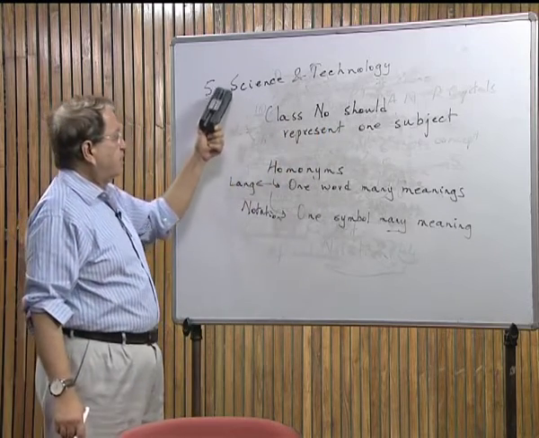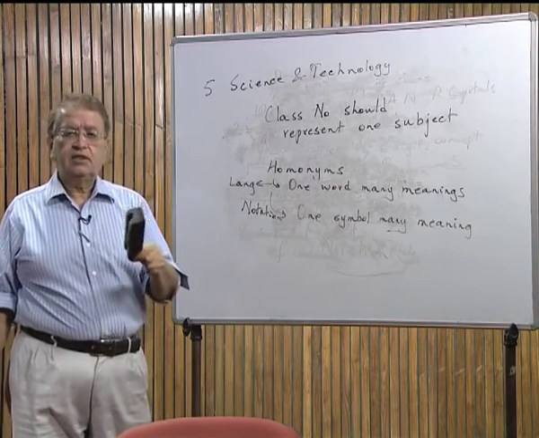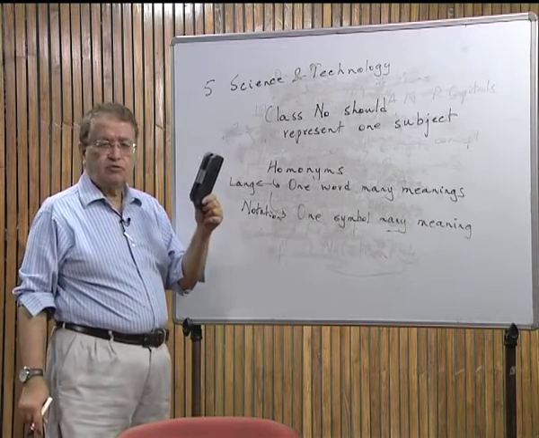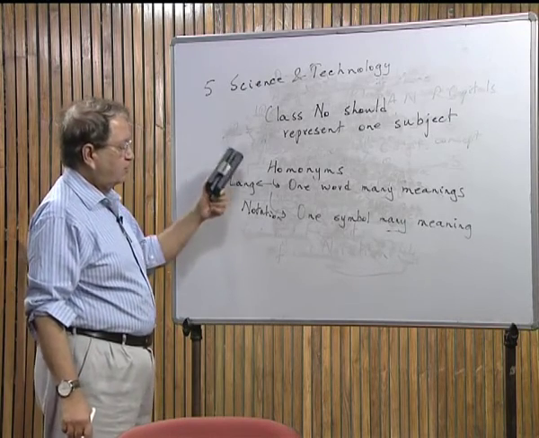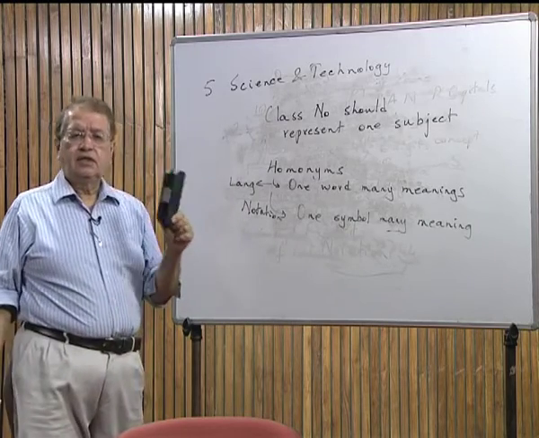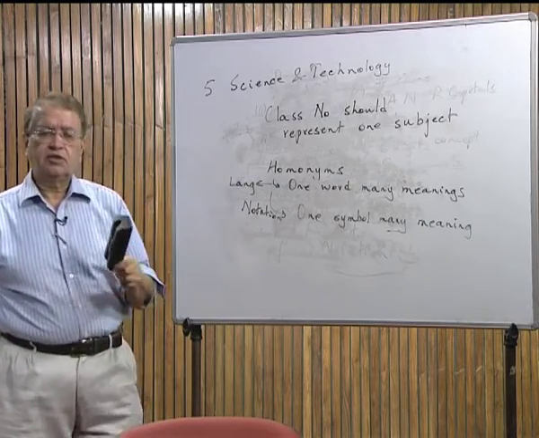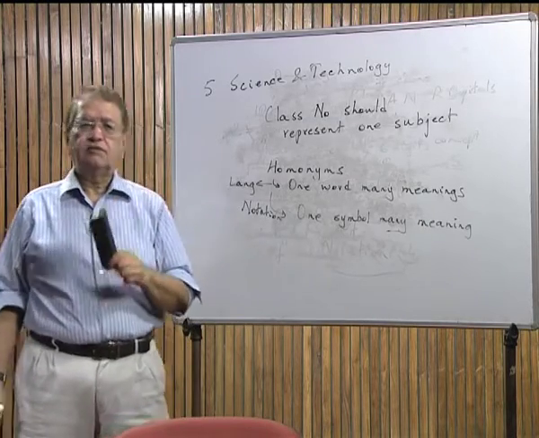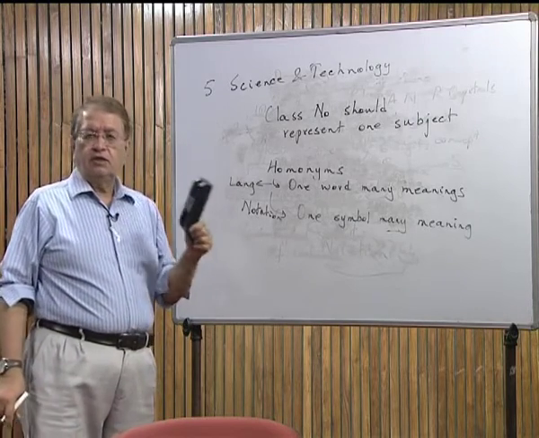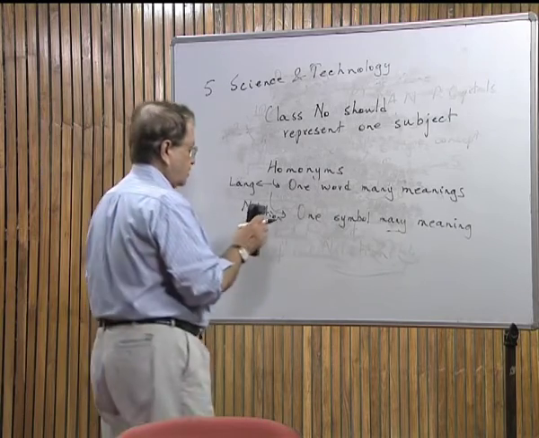That means this number is representing more than one concept. This number is not representing only one concept. What the canon of homonym tries to achieve is that each symbol, each class number, or each isolate number in a system of class numbers, or each isolate number in a system of isolate numbers should represent only one isolate or only one subject, as the case may be.